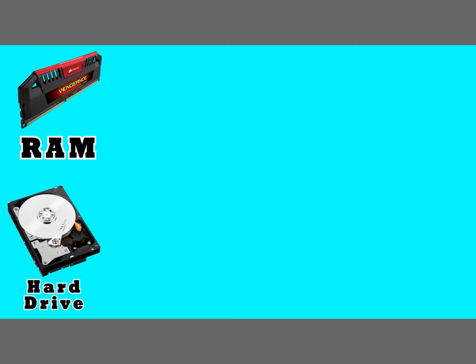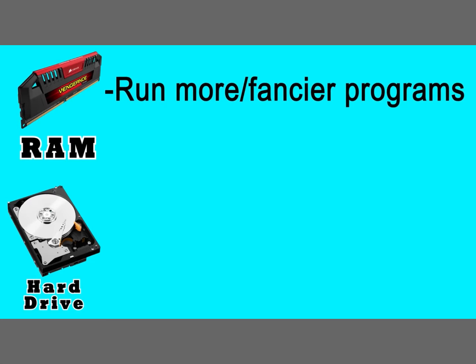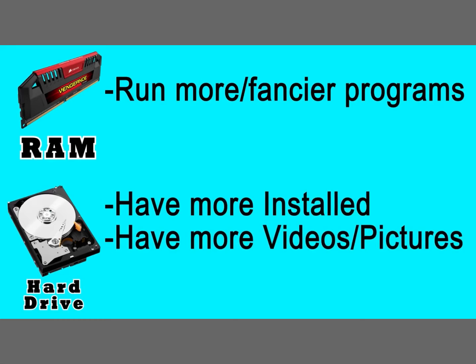Besides, RAM allows you to run intensive programs, while the hard drive allows you to have more programs installed. It also allows you to have more of the data they're referencing, whether it be pictures or video.